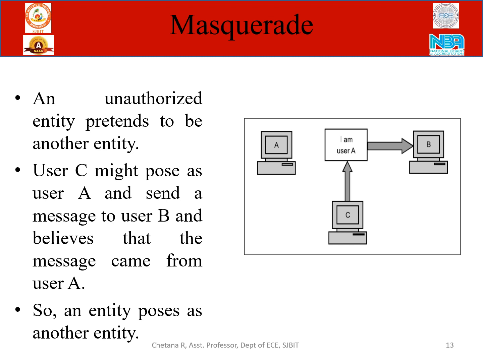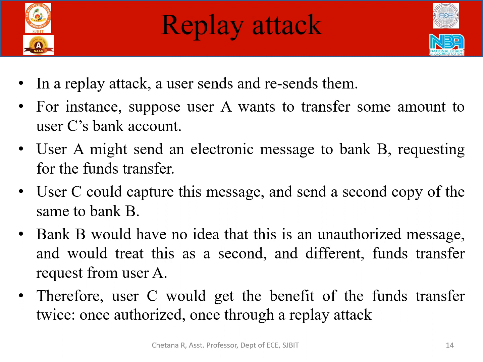An entity posing as another entity is called masquerade. B will always be under the illusion that A is sending me some information, but actually it is not A, it is the hacker C who has taken control and poses as A.